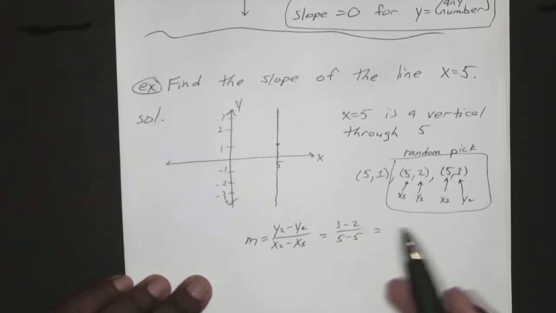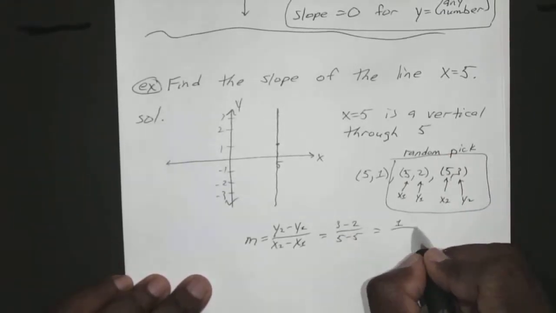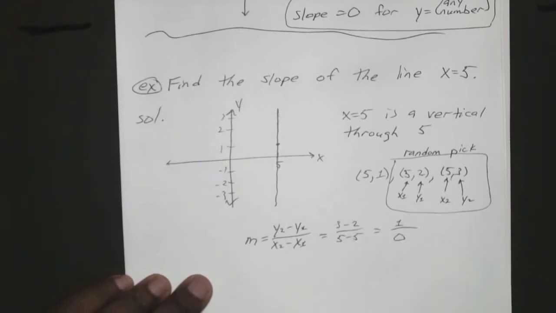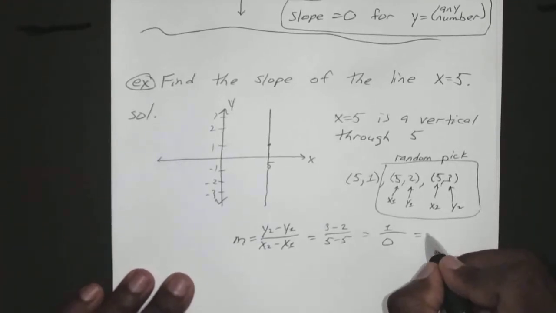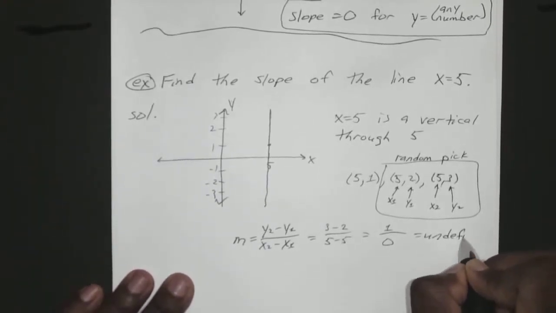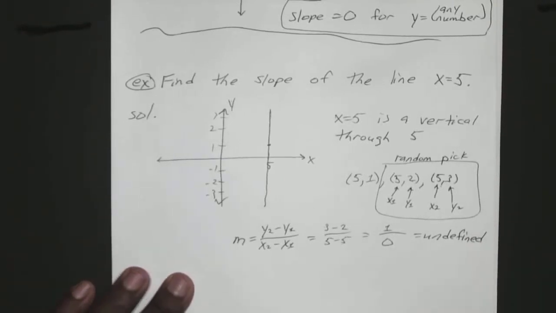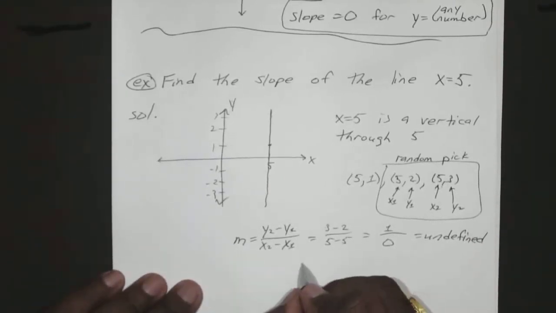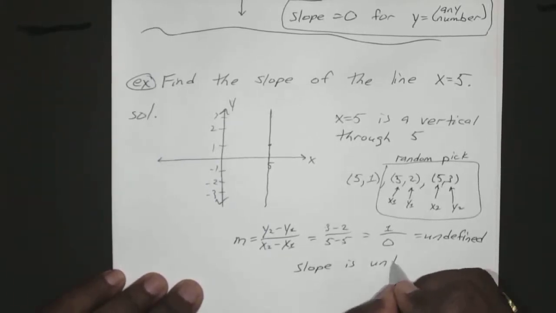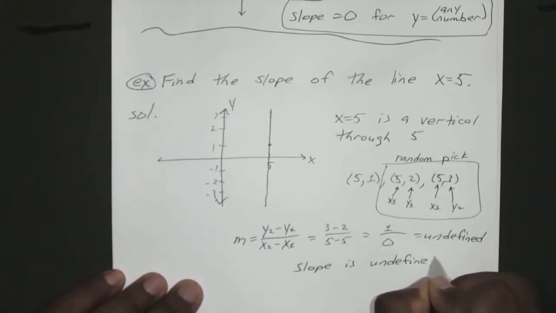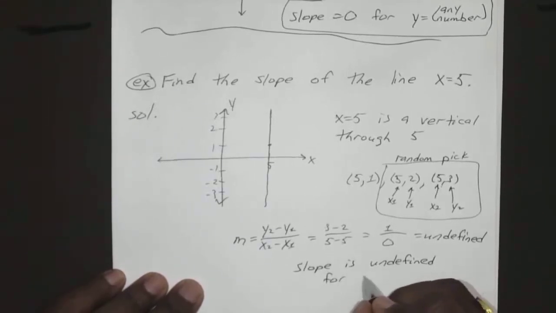Okay, so 3 minus 2 is 1. 5 minus 5 is 0. So we can see there, because our denominator is 0, it's undefined. Okay, so our slope is undefined for x equals 5.